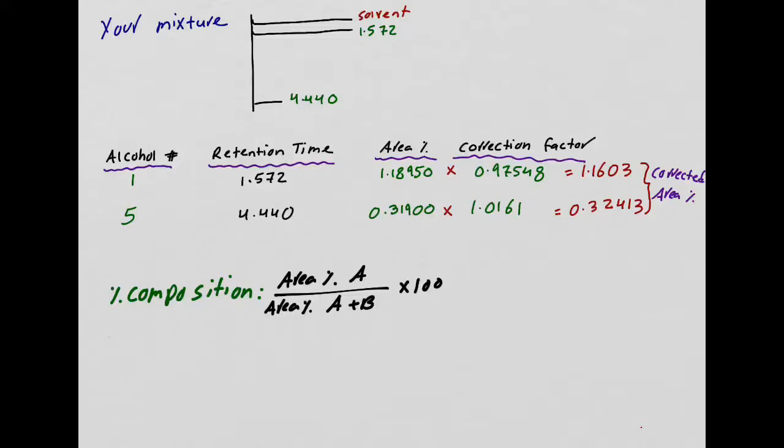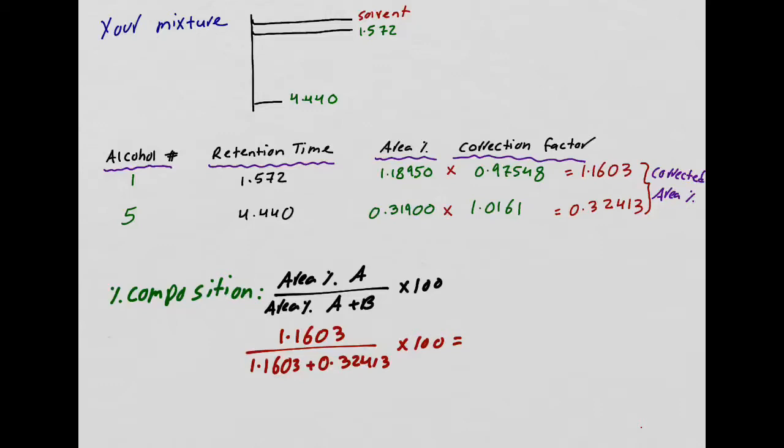Let's do this one. So for our alcohol 1, the corrected area percent was 1.1603 over 1.1603 plus, you add them together, 0.32413, times 100%. Put it in your calculator, tell me what you get.